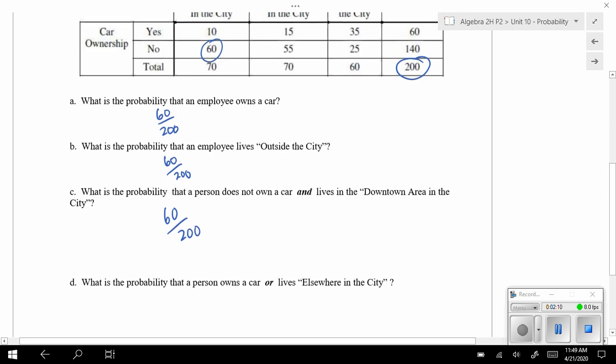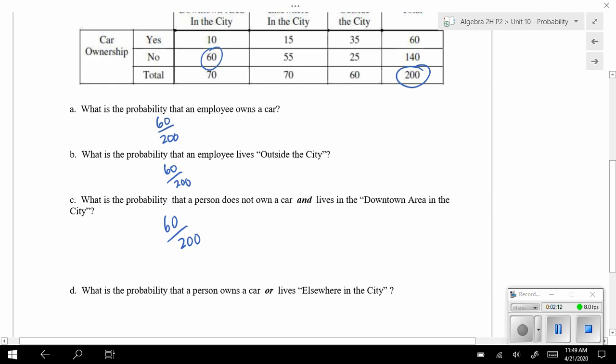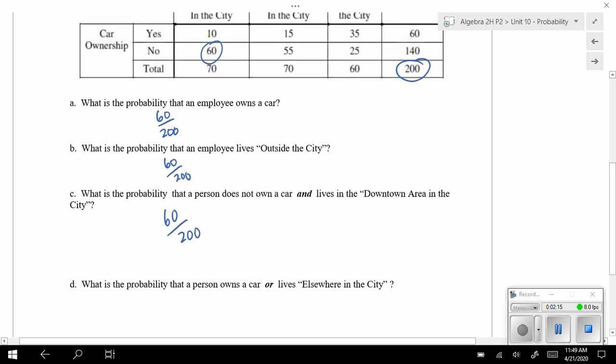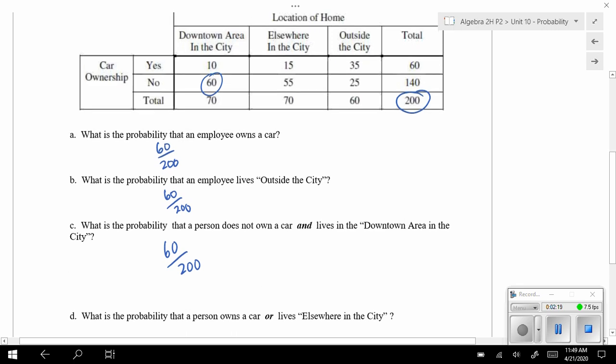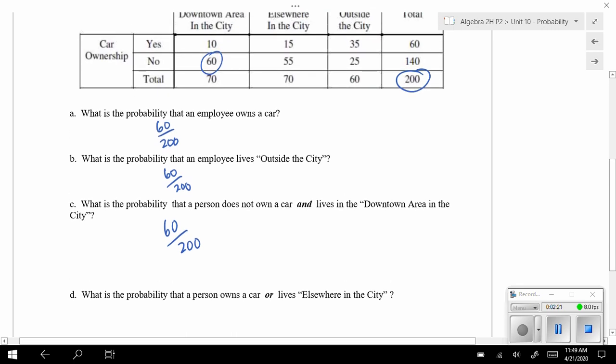All right, part D. What is the probability that a person owns a car or lives elsewhere in the city? So this one we have to be a little bit careful with. These are not mutually exclusive events. So we would have to be mindful of double counting.